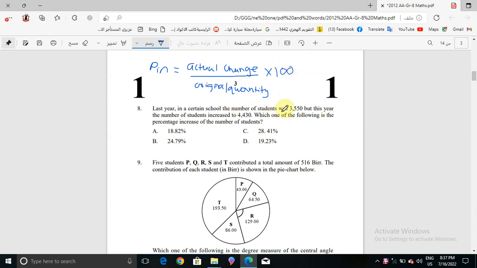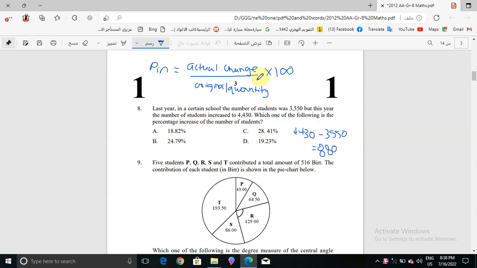Okay, now the difference between 4,430 minus 3,550 will be 880, right? Then we find here the actual change.